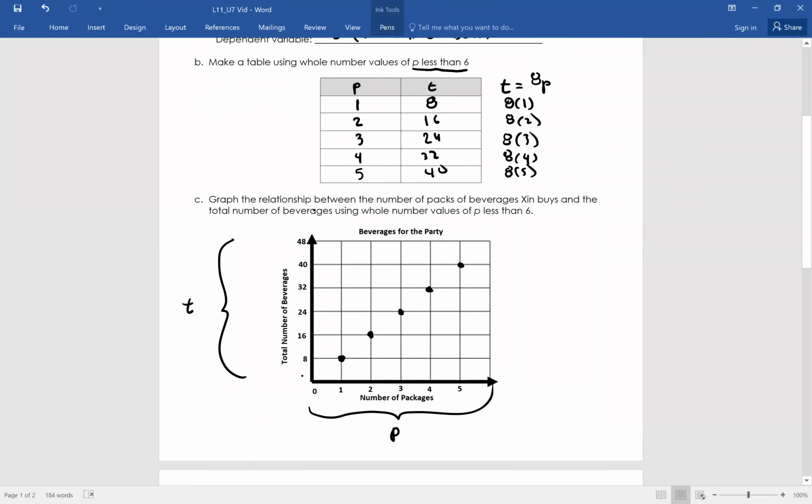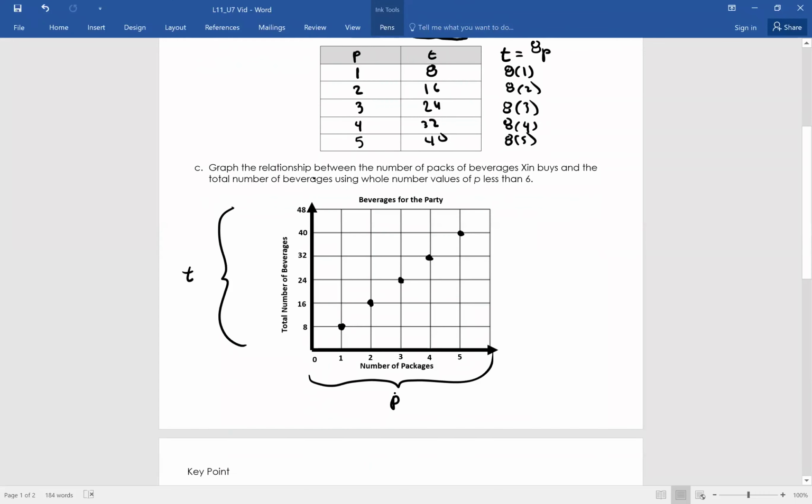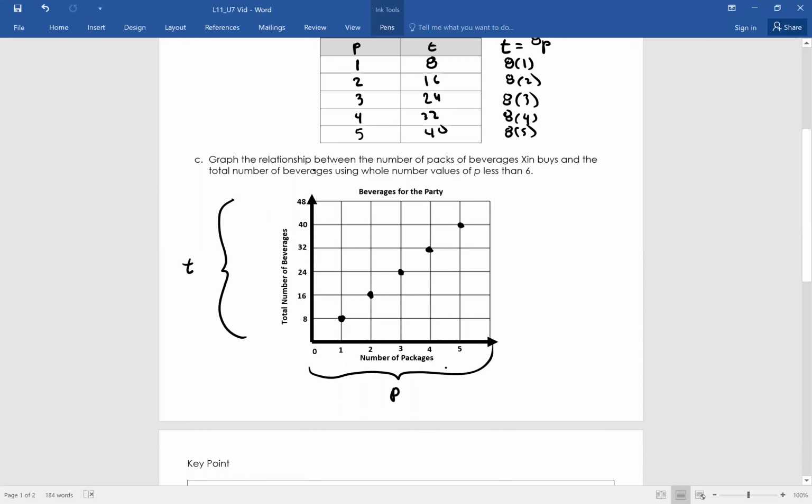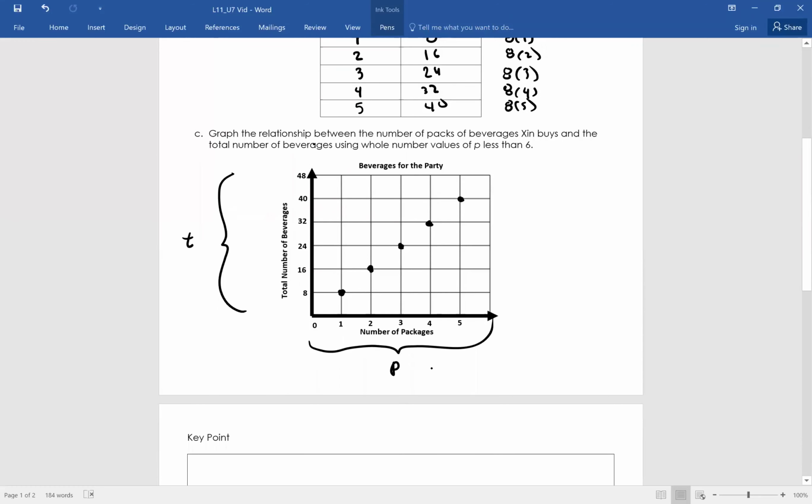The graph shows our total number of beverages on the y-axis, and the number of packages on the x-axis. So when we're graphing, I want you guys to look at it this way. Whenever you're using a table or an equation to create a graph, any kind of relationship, we want to put our independent variable on the x-axis and our dependent variable on the y-axis.